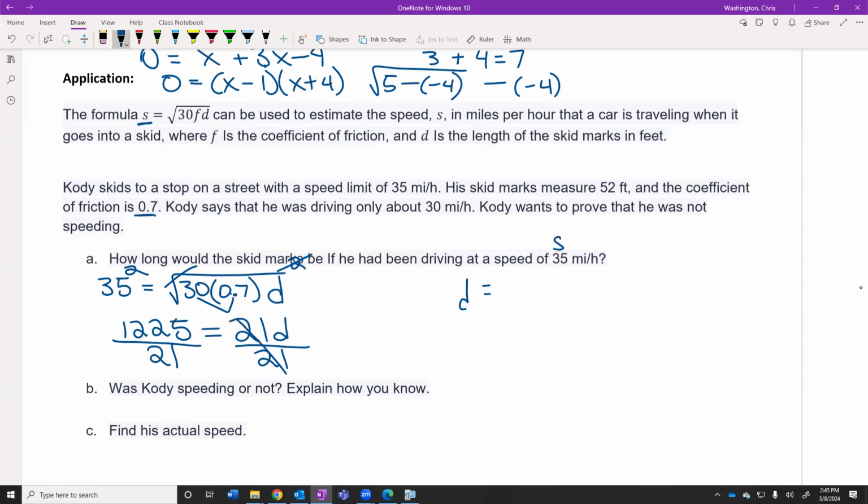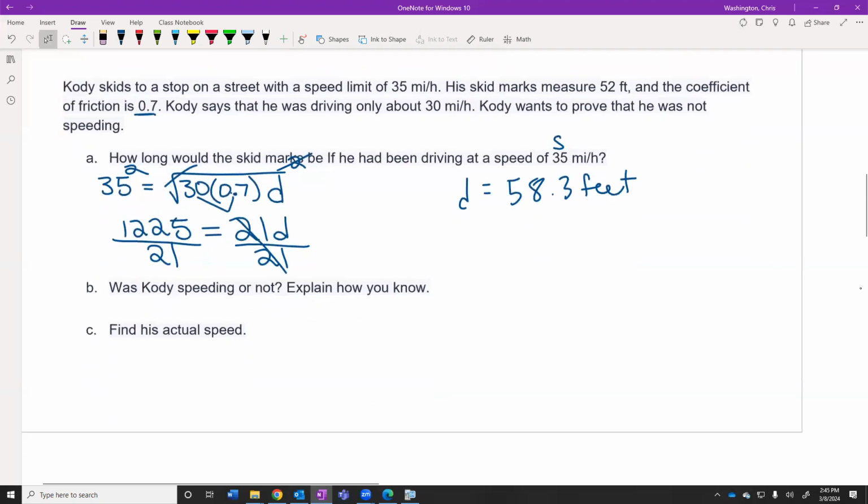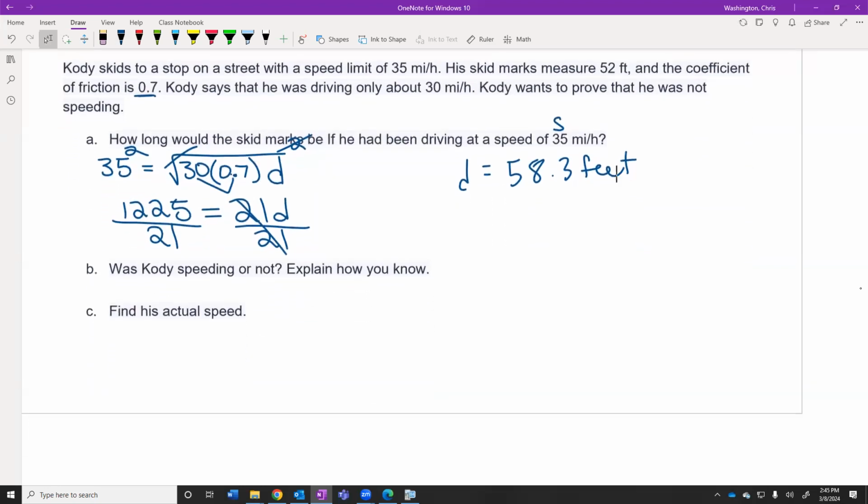His braking distance, or his skid mark, if you type that in the calculator, was 58.3 feet if he was doing 35 miles per hour. If you got 53.8, you typed something in wrong. Do 1225 divided by 21.